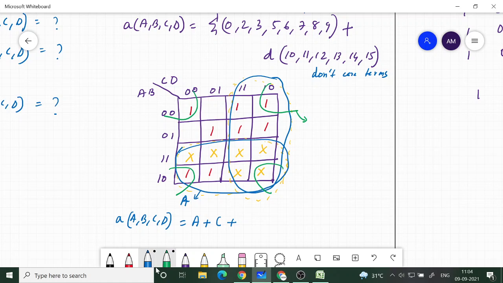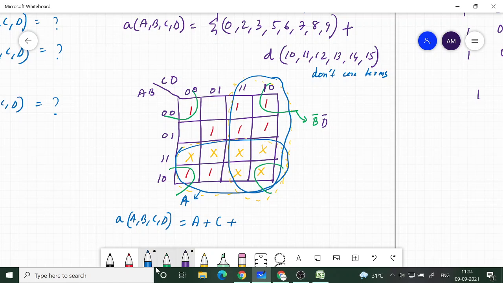Look, A is changing, B bar. Then there is a 1 0 here. C is changing, D is 0. B bar, D bar.